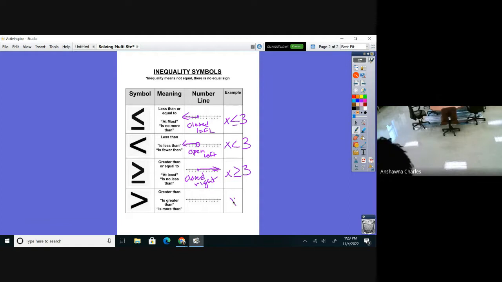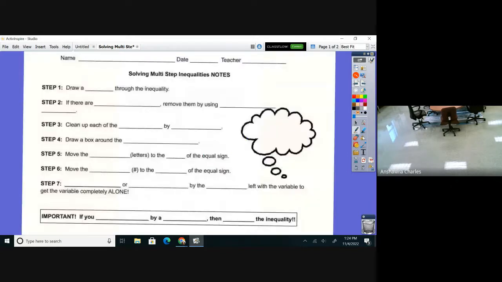And the last one says x is greater than 3, so we're going to have an open circle and go to the right. Pause if you need to. That's just your reference sheet on inequalities real quick.